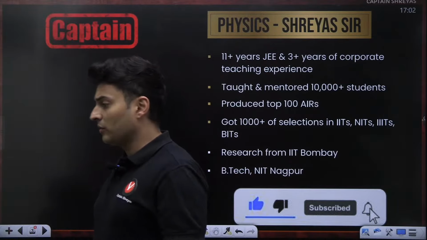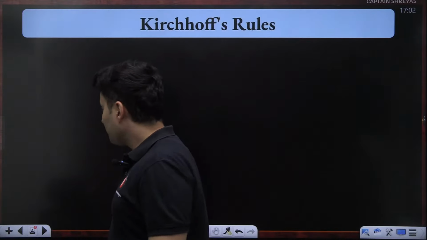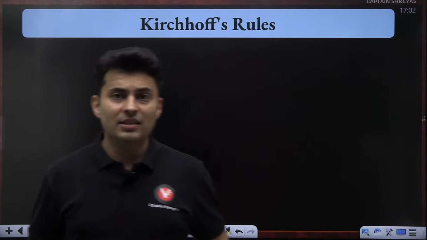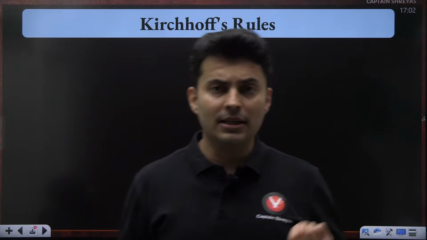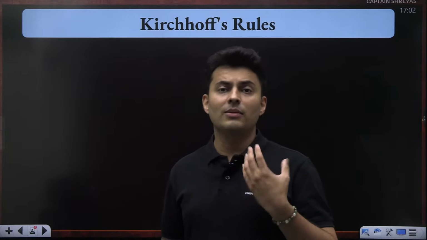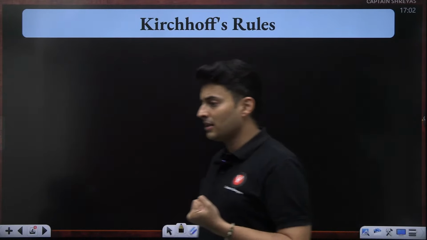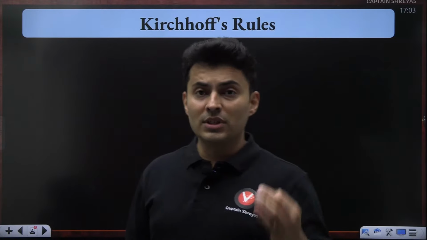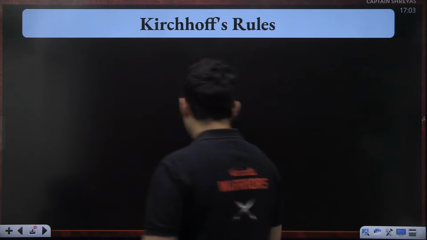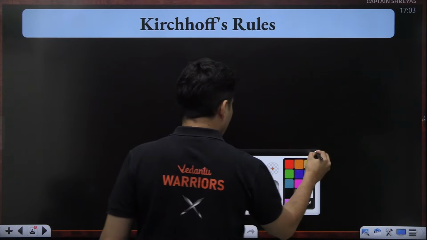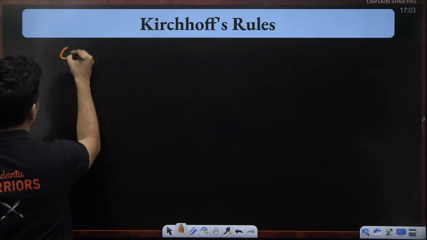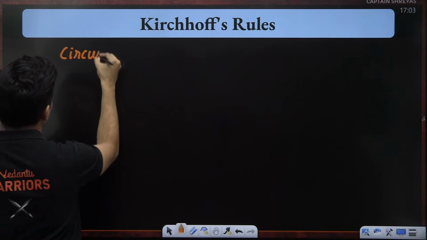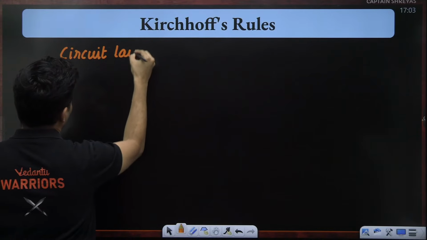Now, the main basis of finding equivalent circuits or equivalent capacitance or equivalent batteries or equivalent resistors comes through Kirchhoff's rules. These Kirchhoff rules are also called the circuit laws.